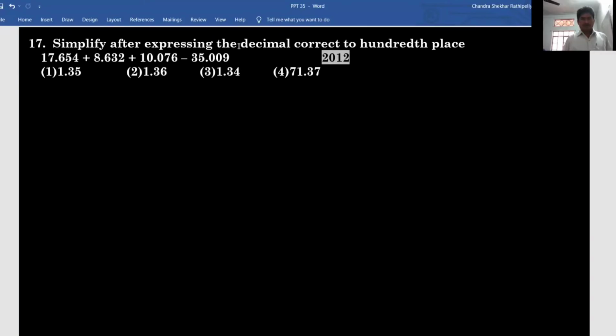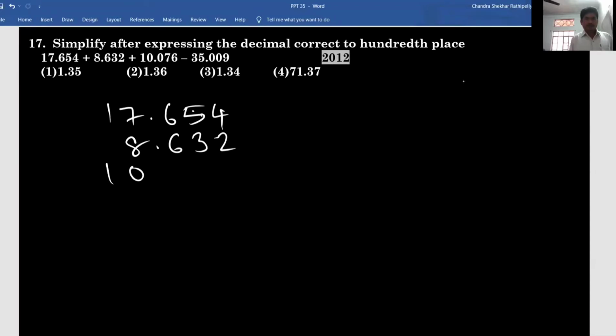Simplify after expressing the decimal correct to 100th place. First we have to simplify this: 17.64654, 8.632, 10.076.